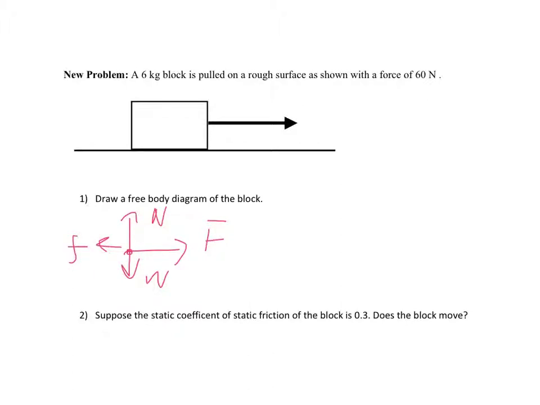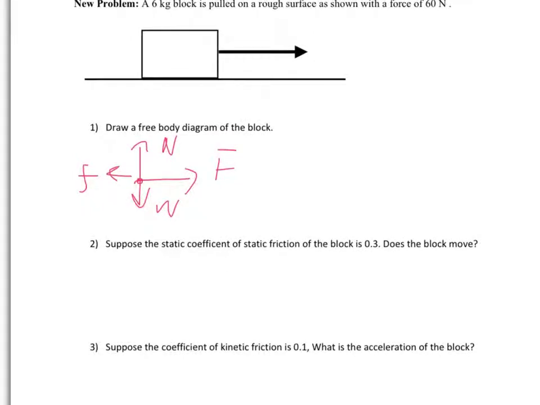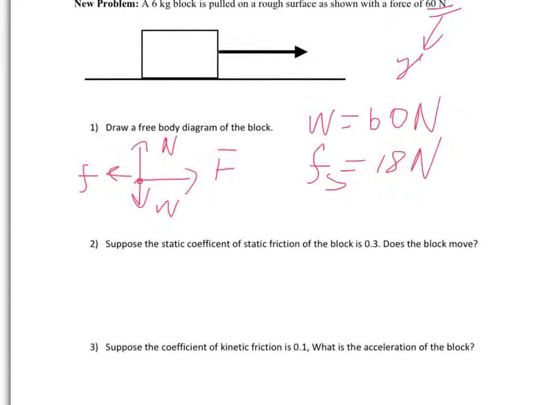Now, again, from the previous, we know the weight, and we also know that the static friction is 18 newtons from the previous page. That's the maximum static. And since we're applying a force of 60, we know that, yes, it moves.